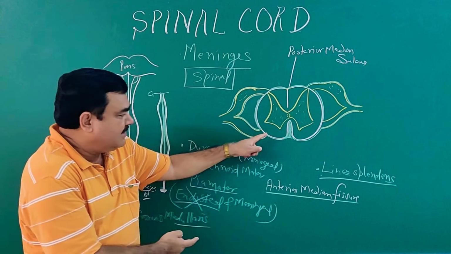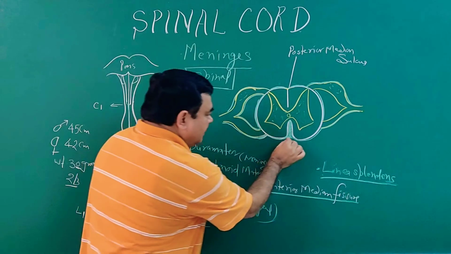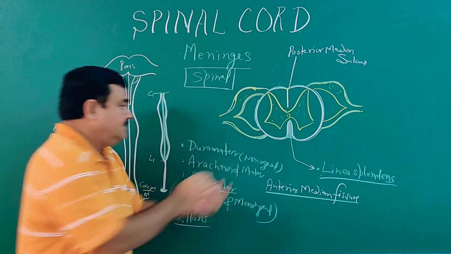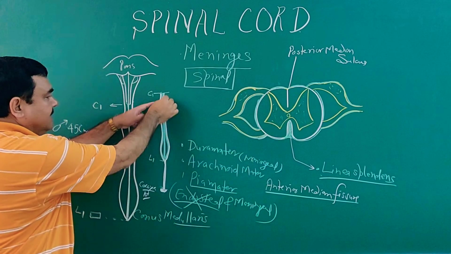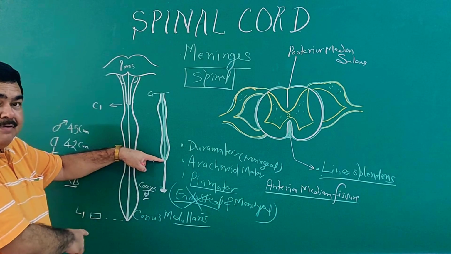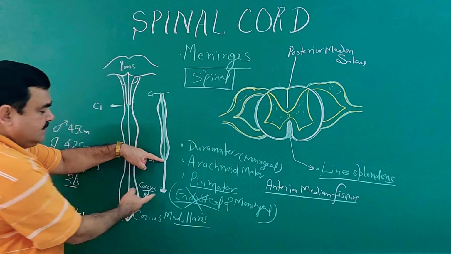This pia mater here forms the linea splendens, and this covering extends below the level of the conus medullaris.